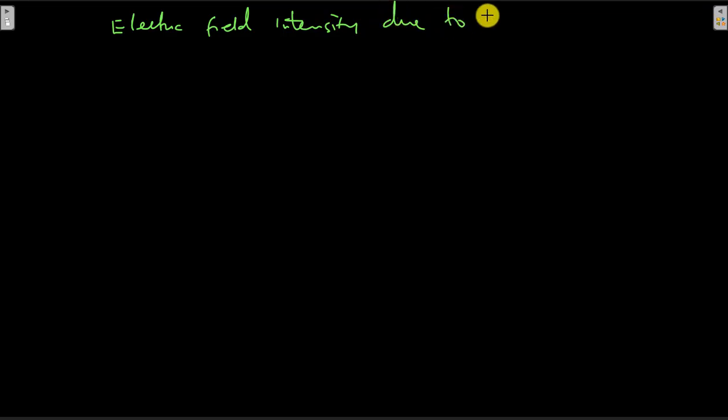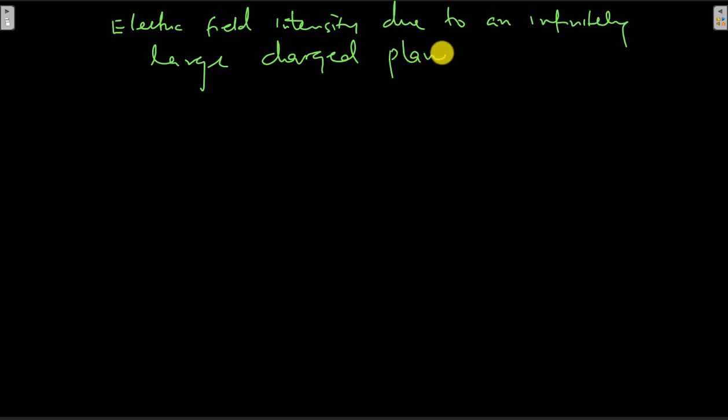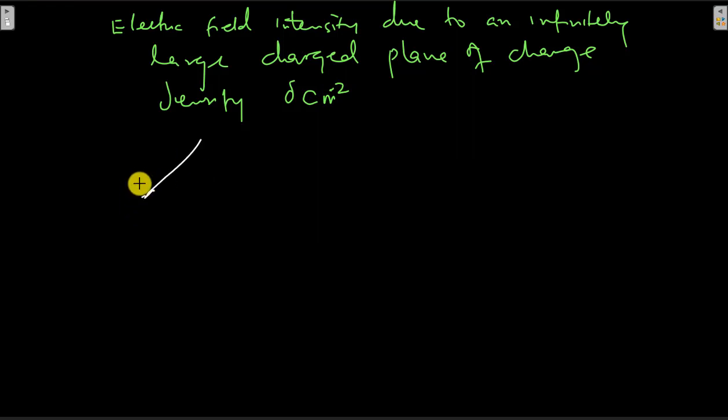Let's assume the charge density is sigma coulomb per square meter. So let's suppose this is our plane. It's a very large plane, but we only take this portion. Let's suppose the plane is given a positive charge.